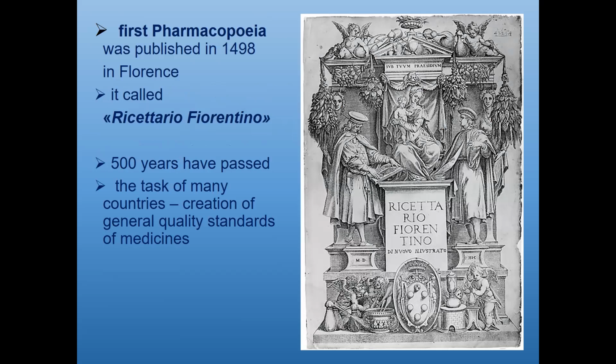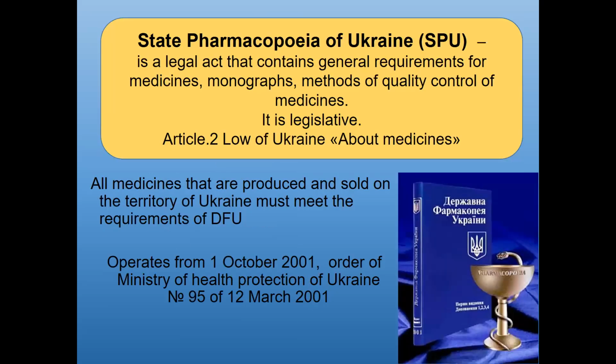The first Pharmacopoeia was published in 1498 in Florence. It was called Recitario Fiorentino. The State Pharmacopoeia of Ukraine is a legal act that contains general requirements for medicines, monographs, and methods of quality control of medicines.